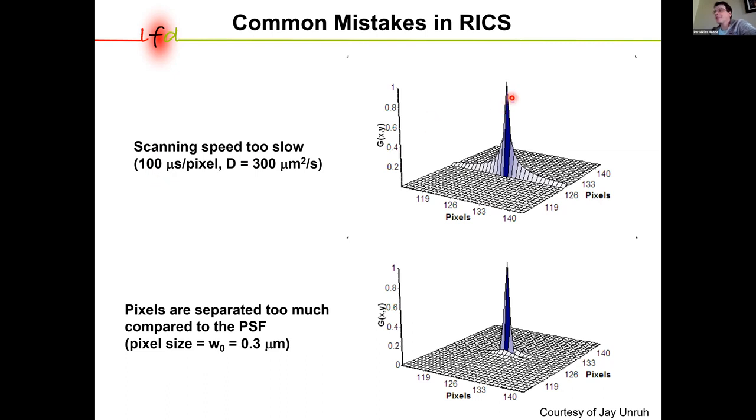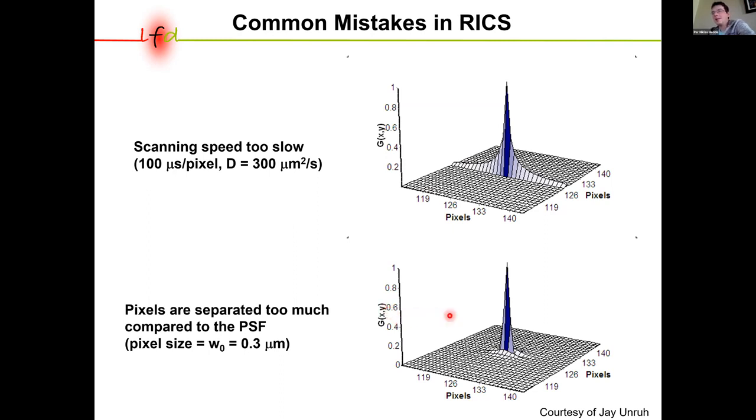And you can see that you have a very long tail because the dye moves much faster than the laser beam, so you're not able to capture the full decay. So your data set is truncated, which will give you a problem in the fit.